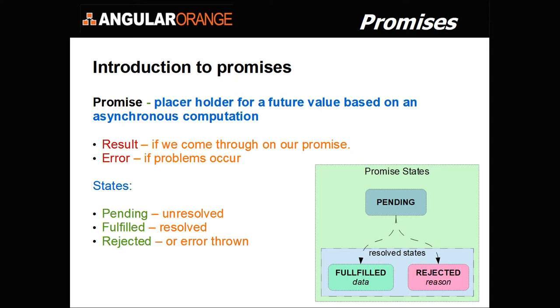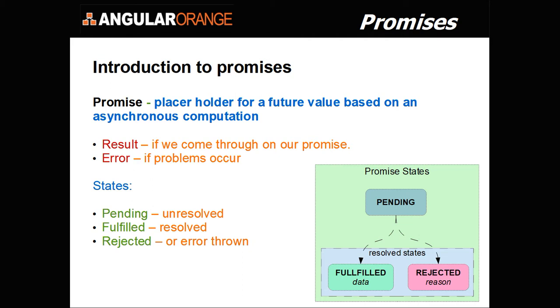Now, if you look to the right here, these are the promise states. Basically, with a promise you do something. Let's suppose I make a web service call, and I'm waiting for that result to come through. So there are two resolved states. One is the promise is fulfilled, in which case I got data back from the web service, and in the other state it got rejected, and there's a reason.